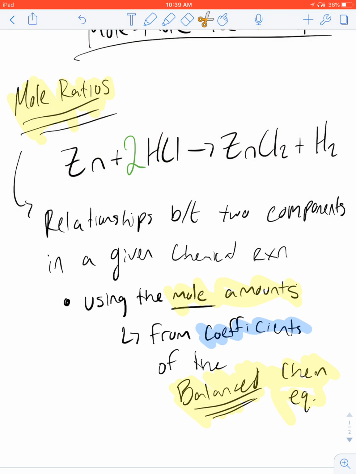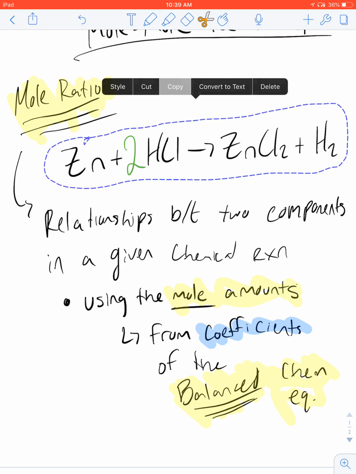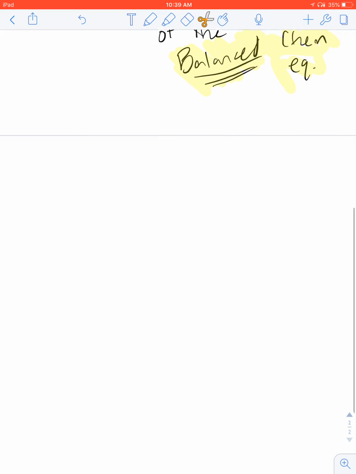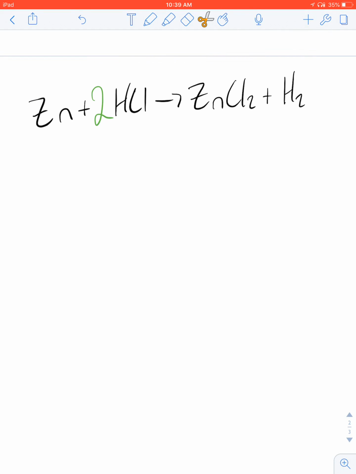All right, so just remembering that information from our last lesson, let's go ahead and copy this down here, if I can figure out how to do that. Boom. It's like magic. All right, so let's make our mole ratios.